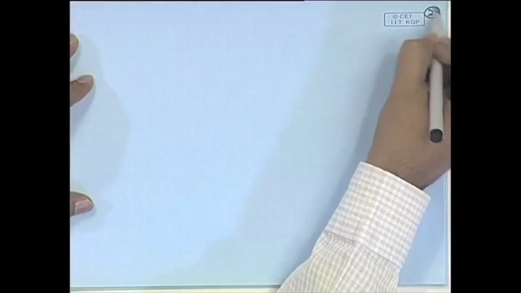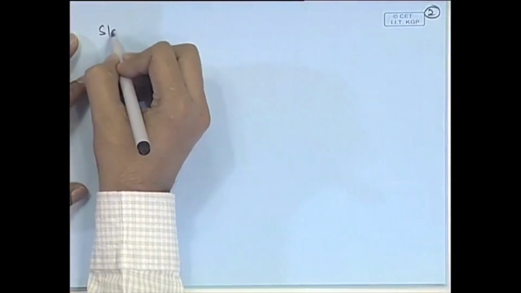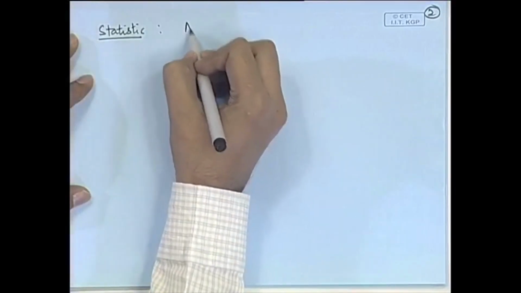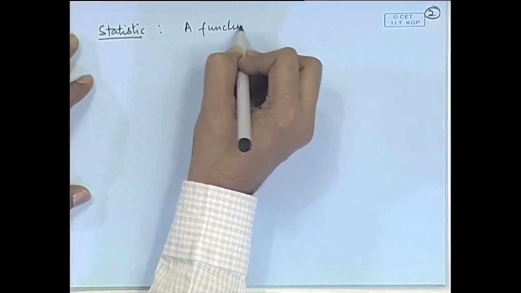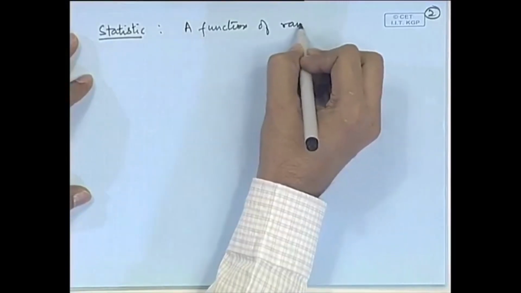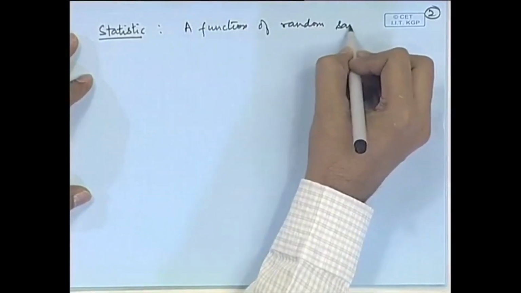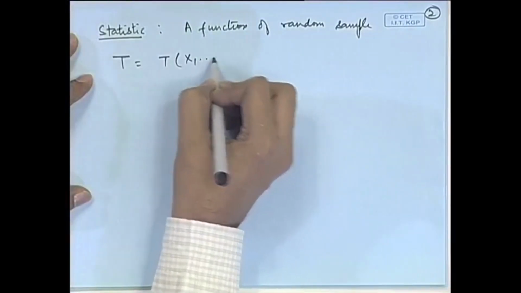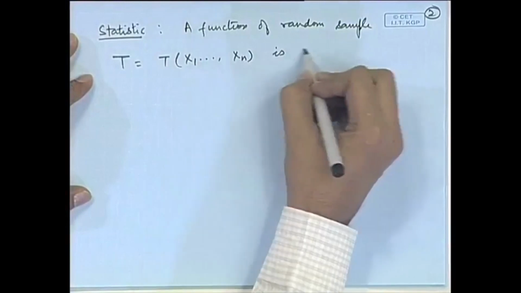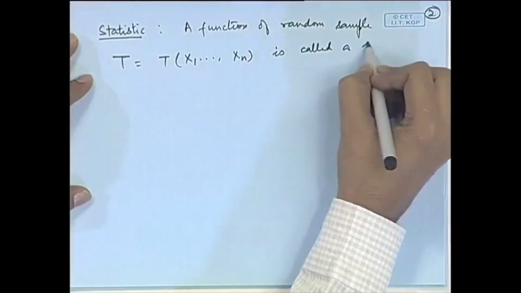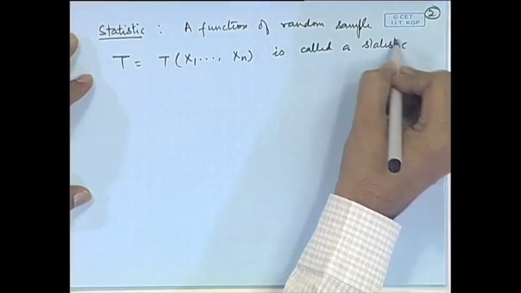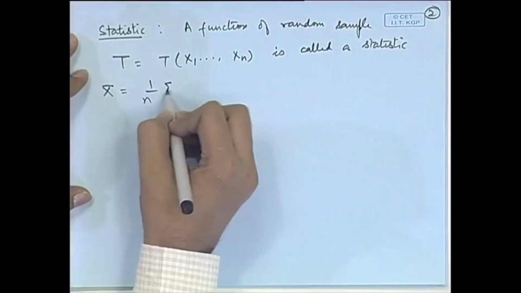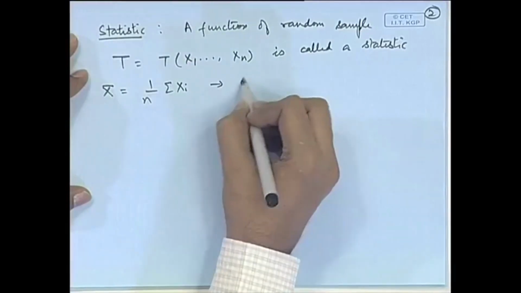Any characteristic of the sample, we call a statistic. So, a function of the random sample, say T(X1, X2, ..., Xn), is called a statistic. For example, we may consider X bar, that is 1 by n sigma Xi, the sample mean.